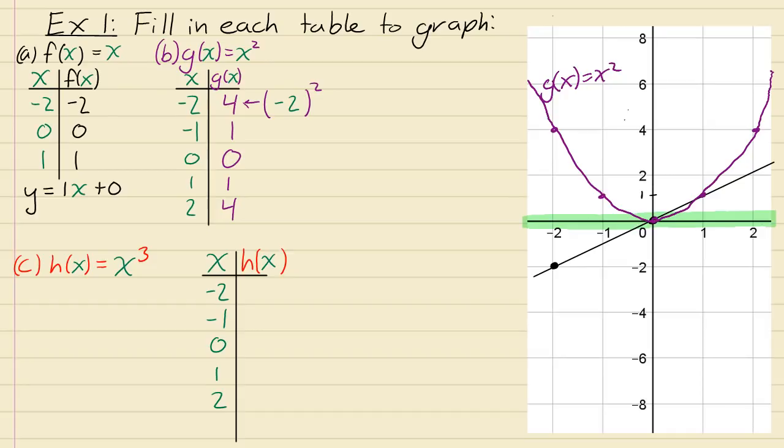So then let's look at this basic cubic function. We can start with the easier positive numbers here. If we want to know h of 0, h of 0 means taking that number 0 and cubing it. So 0 times 0 times 0 is 0. That's why you get that there.